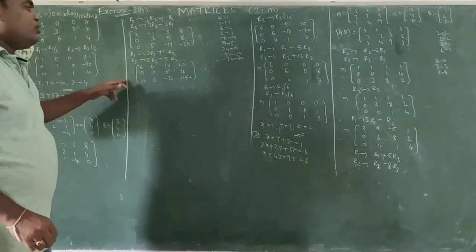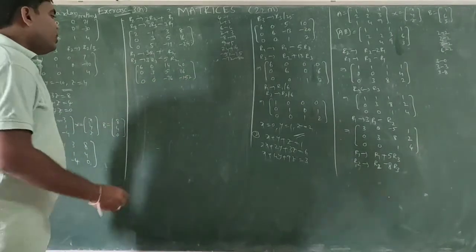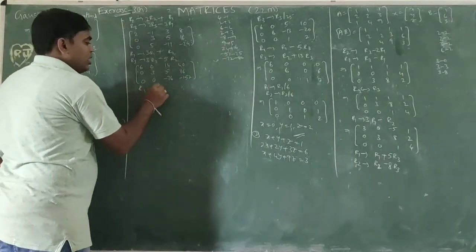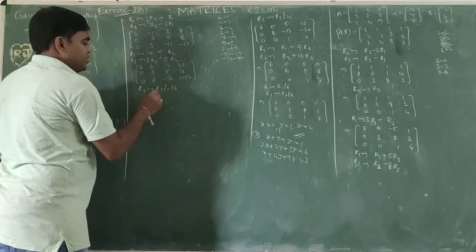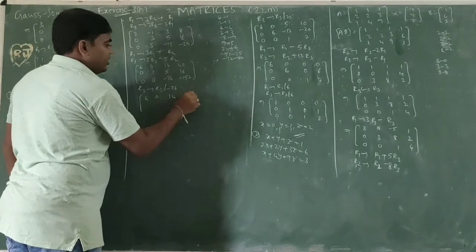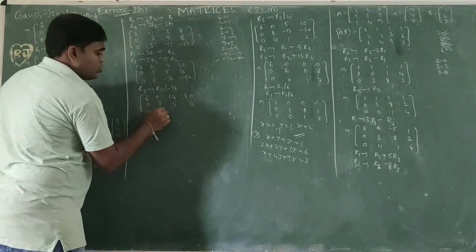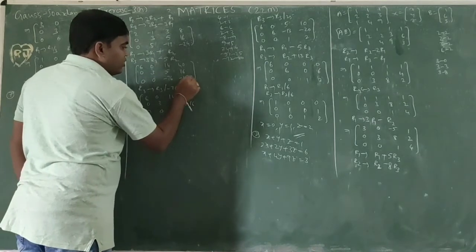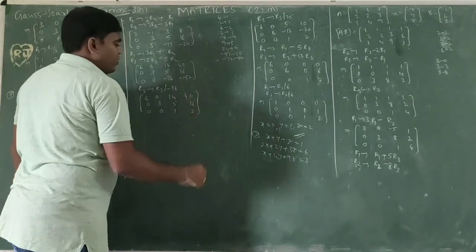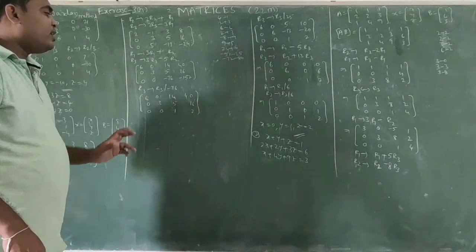If we observe the third row, minus 76, 76 into 2 is 152. So R3 changes to R3 divided by minus 76. So: 6 0 14 40; 0 3 5 16; 0 0 1 2. If we observe the third column, 1 is the diagonal element, and 14 and 5 are the non-diagonal elements.